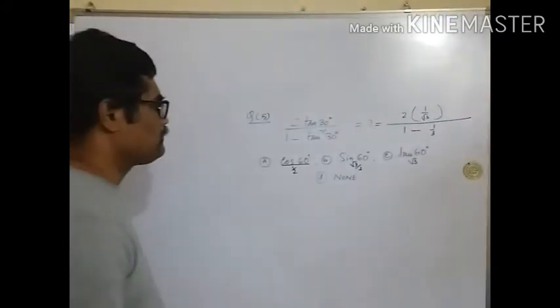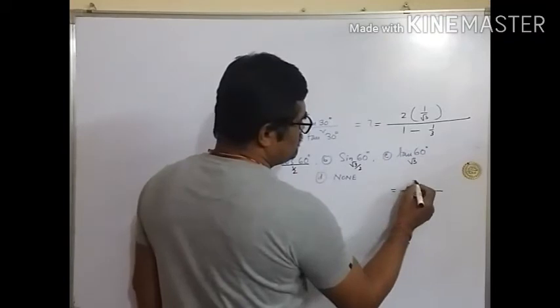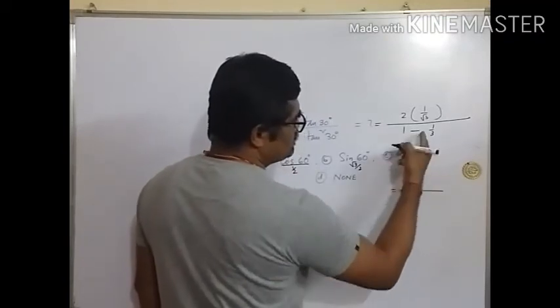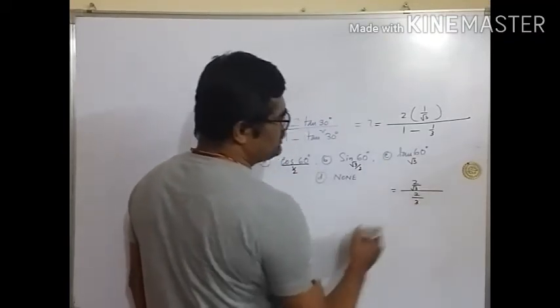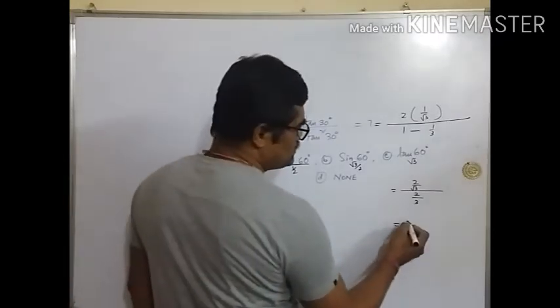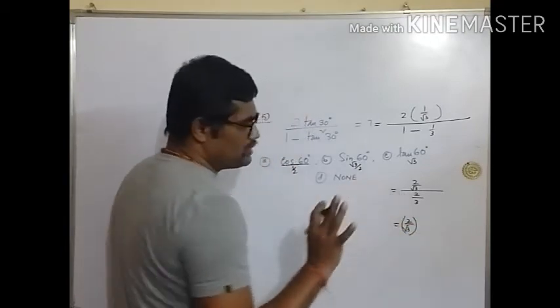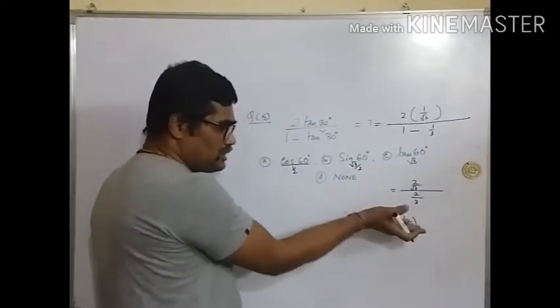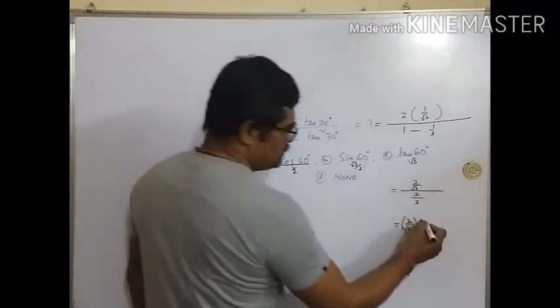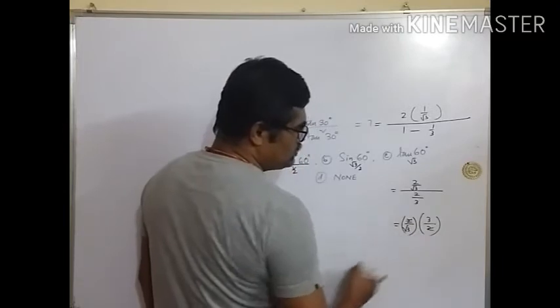Okay, fine. What will I get here? It is 2 by root 3 and this if you simplify 2 by 3. Further simplification tells us, as you already know, numerator fraction will remain same, denominator fraction gets reversed. So it is 3 divided by 2. This 2 will get cancelled.